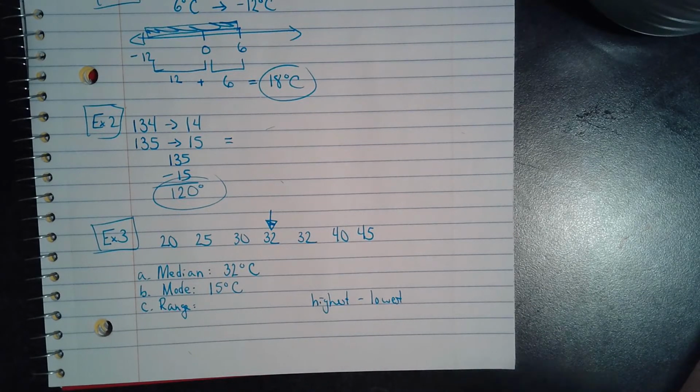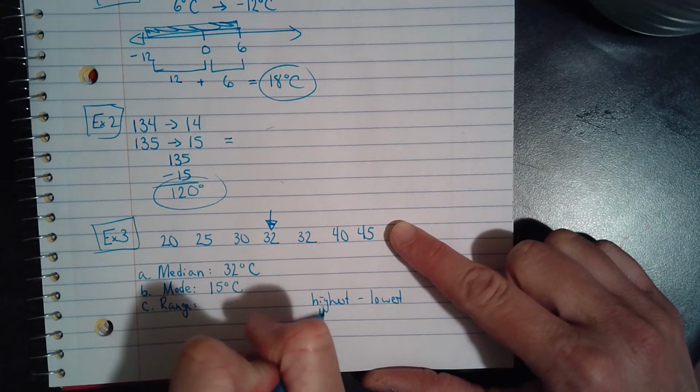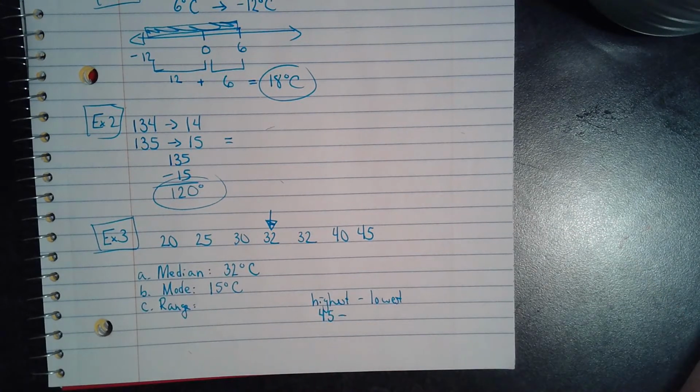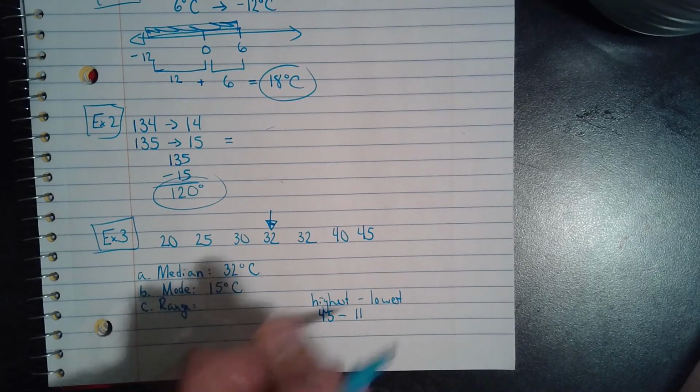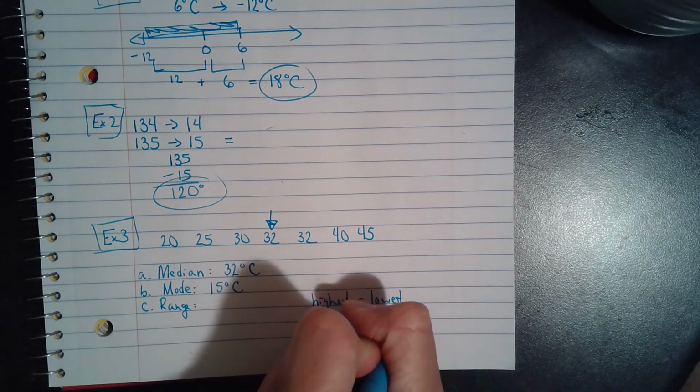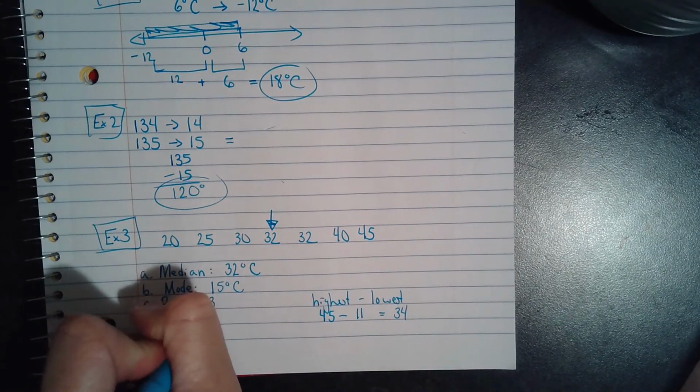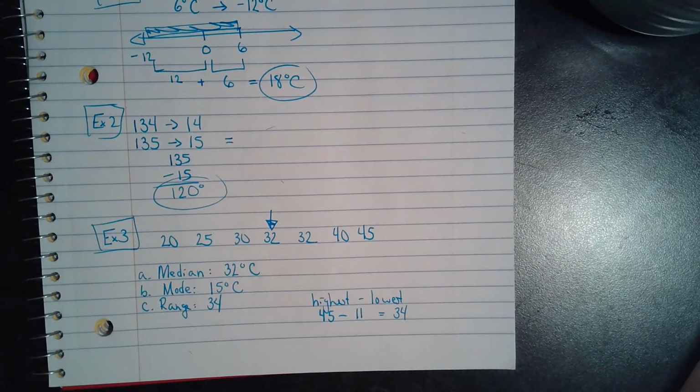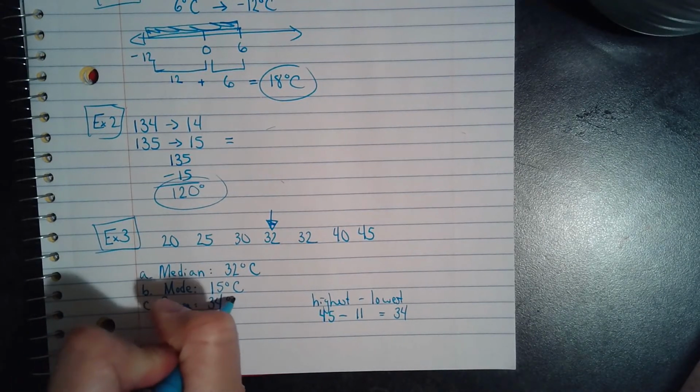So the very highest high temperature is 45. And if you look at our chart, the lowest of the lows was 11. And then 45 minus 11 would give you 34. And so the range is 34 degrees Celsius.